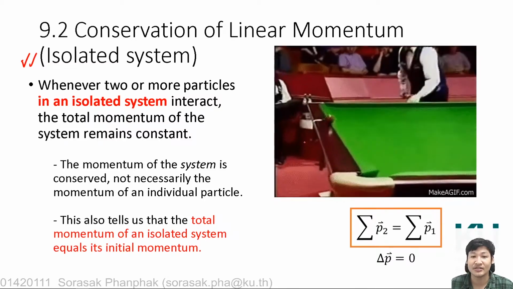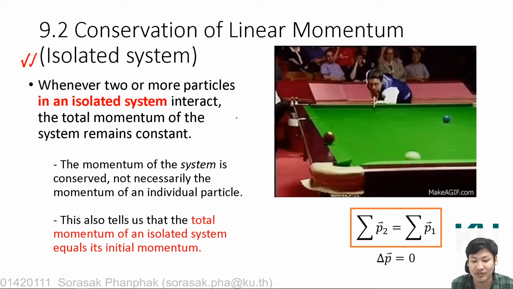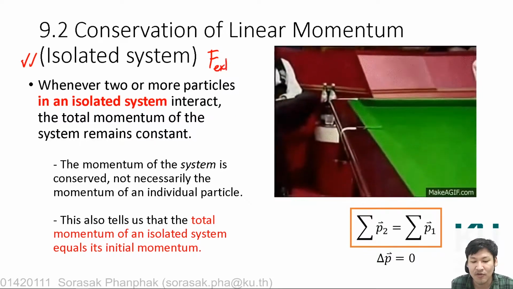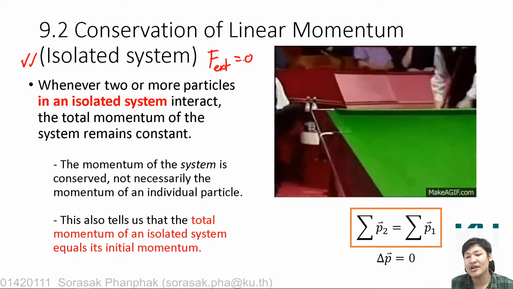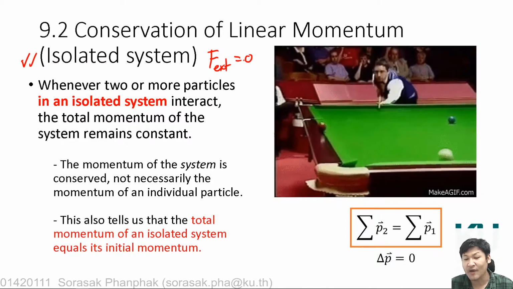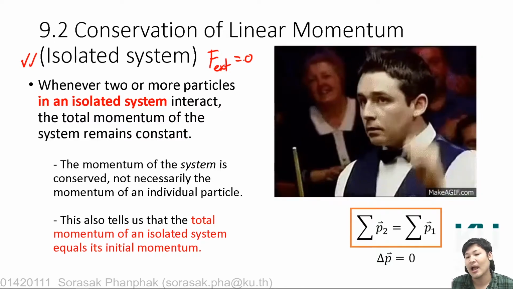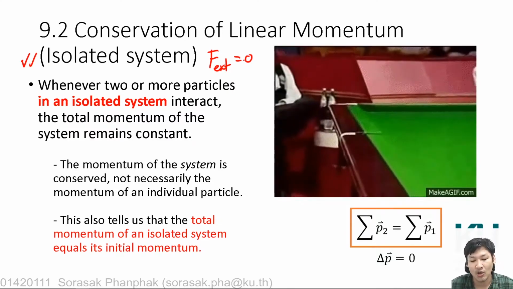We did learn about the isolated system, that the system has no external force. In this case, there's no external force involved. So what happens is only due to the initial speed or initial momentum of the system that you look at, and the final momentum after the collision.